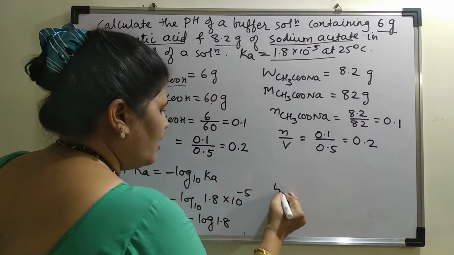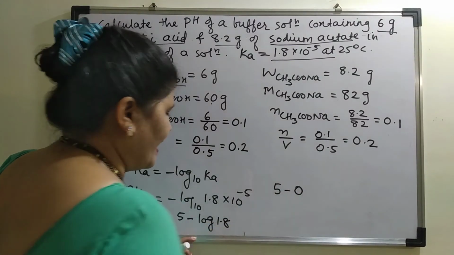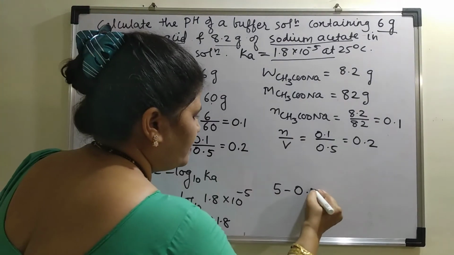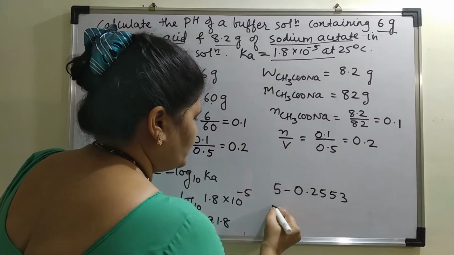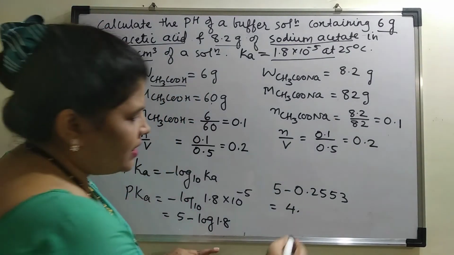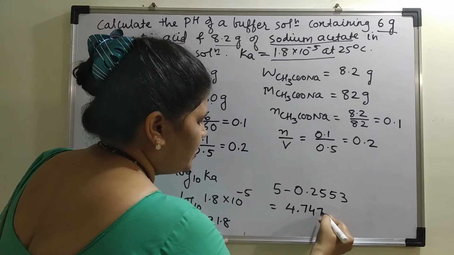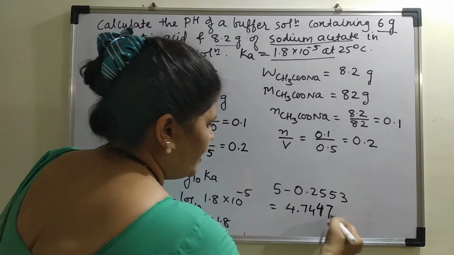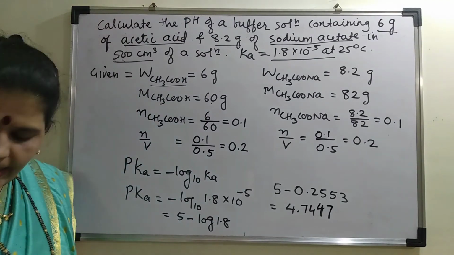How much is this, student? It is 0.2553. So this will be 4.7447. Right? So this is your pKa value.